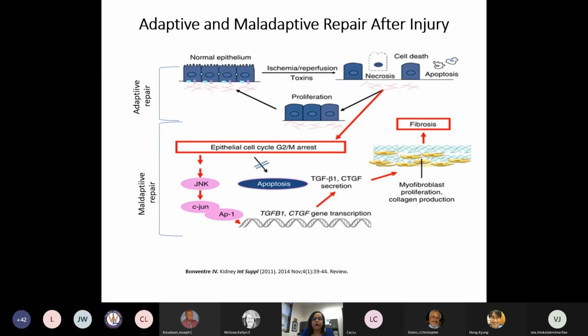These cells do not die by apoptosis, but they linger around and they induce activation of pathways such as the JNK MAP kinase pathway, which leads to the release of TGF-beta and CTGF, which then further activates myofibroblast proliferation. This leads to collagen production and accumulation of extracellular matrix proteins and fibrosis.